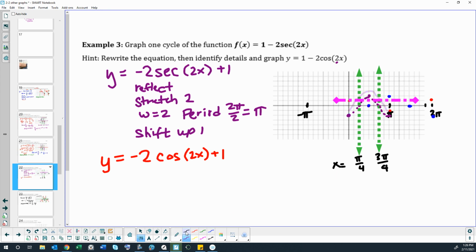All right, we're ready to do secant. Here we go. So this is going to reflect downward. This is going to be up from that peak point of the graph. This is going to be downward.